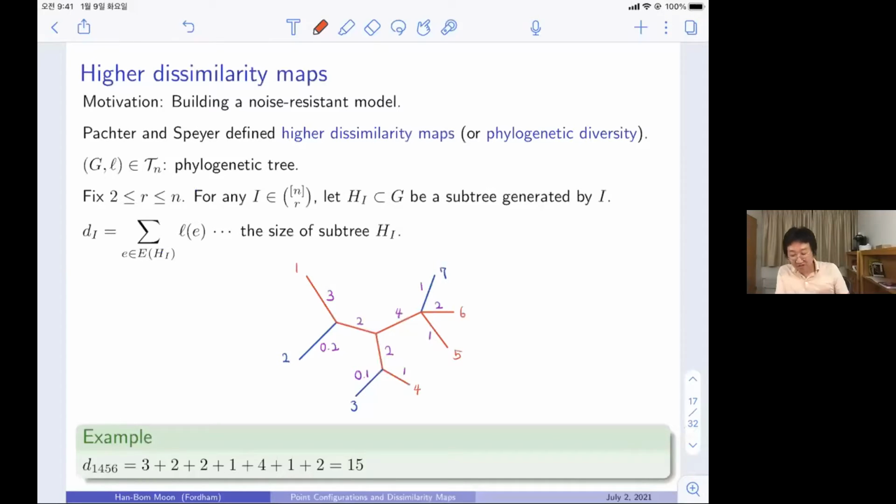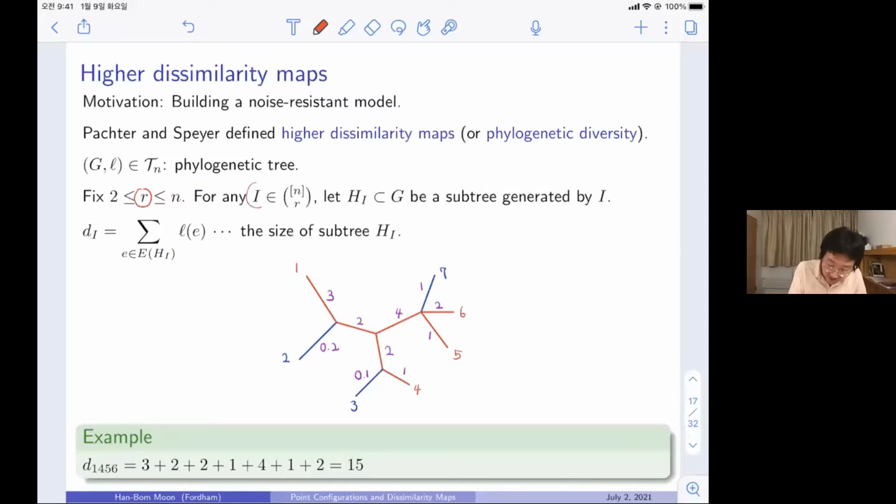Based on this motivation, the computational biologists Pachter and Speyer defined the higher dissimilarity map, which is called phylogenetic diversity in the computational biology community, as follows. Suppose that T is a phylogenetic tree, a metric tree, and fix a number r, which can be larger than 2. Then, instead of taking a pair of leaves, we take an r-subset I of leaves.